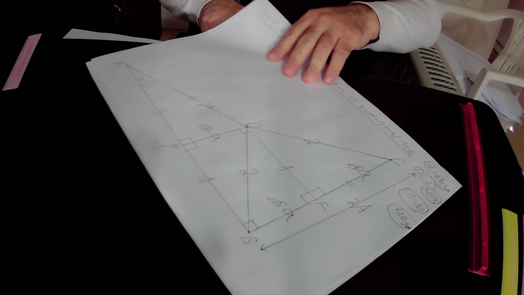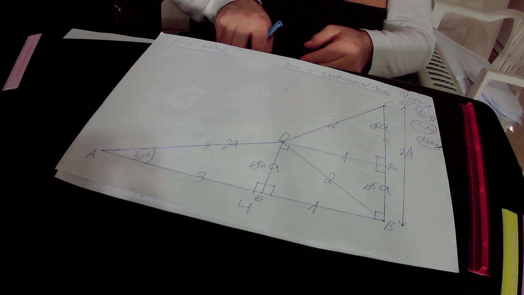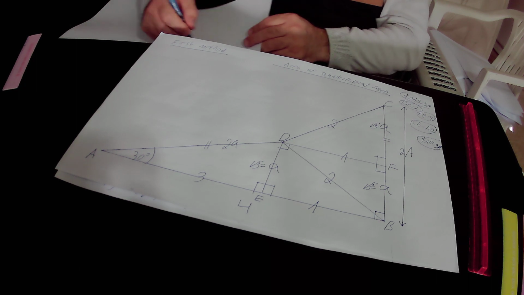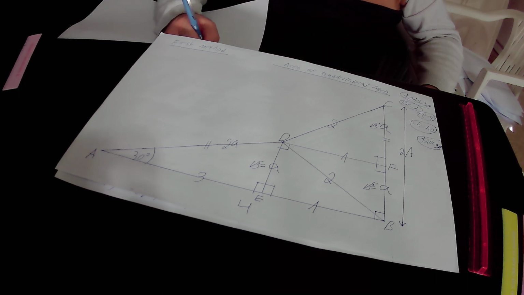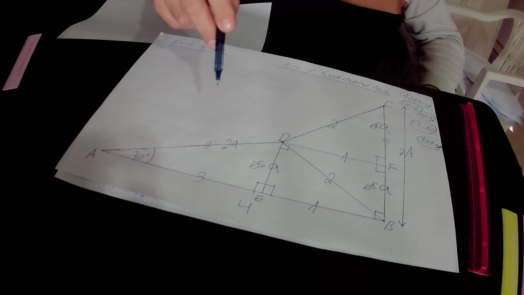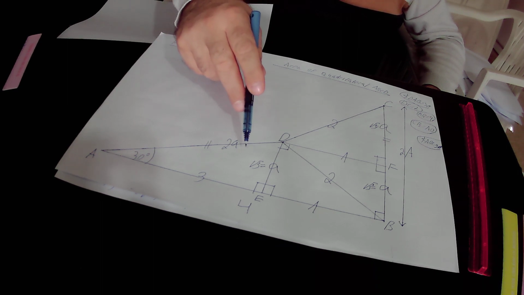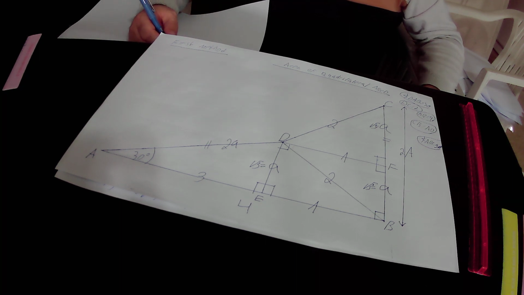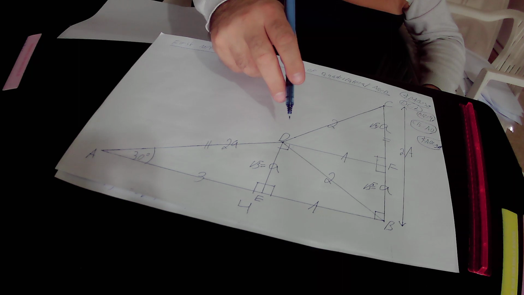Now we can easily find the area of quadrilateral ABCD.